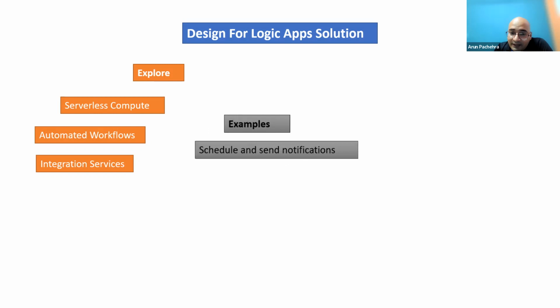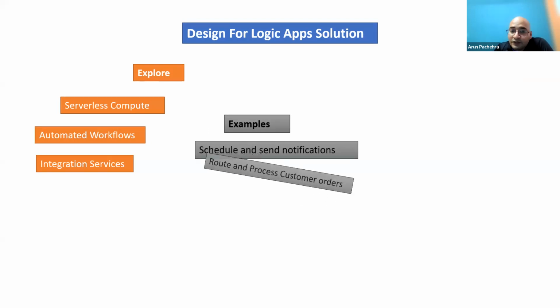Well, we can utilize Logic App's workflow to schedule and send email notifications using Outlook or Office 365 when a specific event happens, like a new file uploaded. Maybe in Sentinel, there is some alert triggered, so you can send the email through Logic Apps.